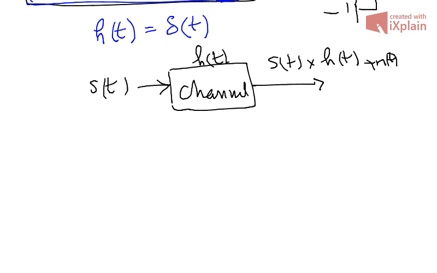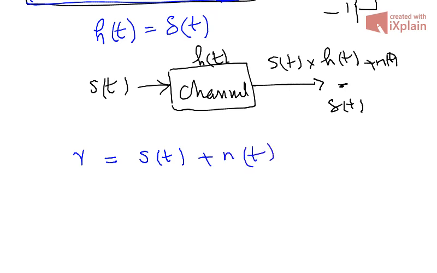But now we are assuming that this h of t is actually delta of t. So when h of t is equal to delta of t, anything convolved with delta of t is the same signal. So your received signal is actually equal to s of t plus n of t.